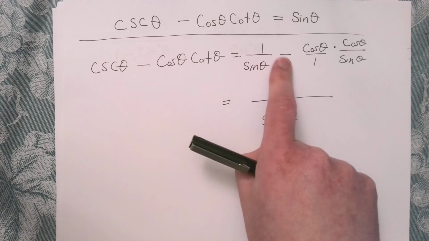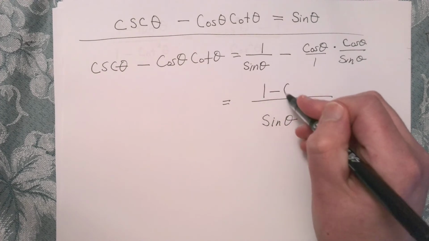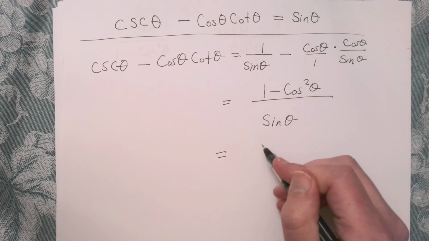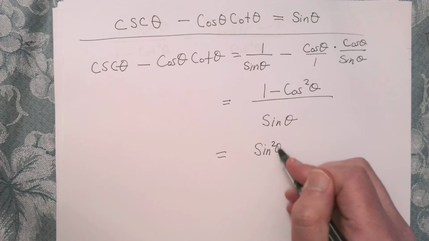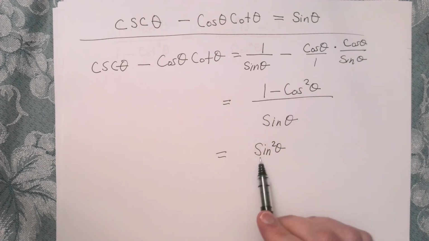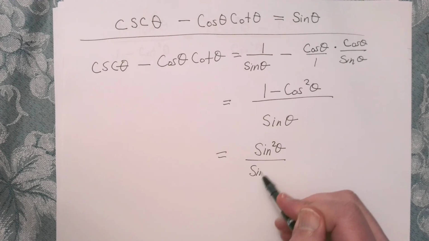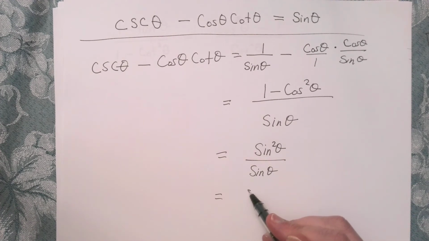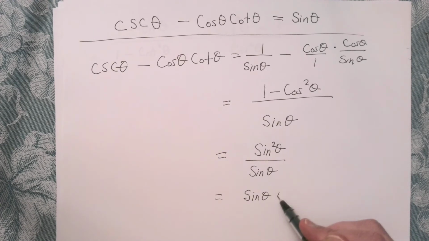And then upstairs I'll have 1 minus cosine squared of theta, but that's a classic Pythagorean identity. So that's sine squared, right? 1 minus cosine squared of theta, sine squared of theta, over sine of theta, and 1 factor of sine will cancel from the numerator and the denominator.